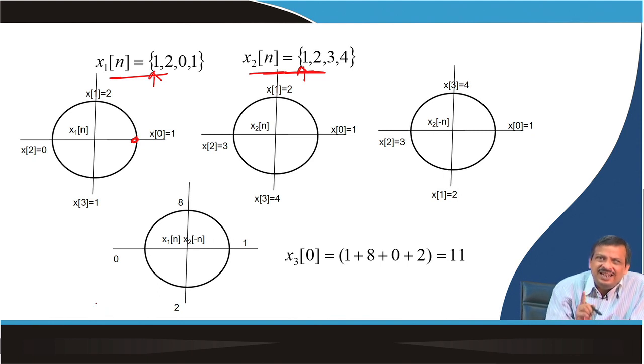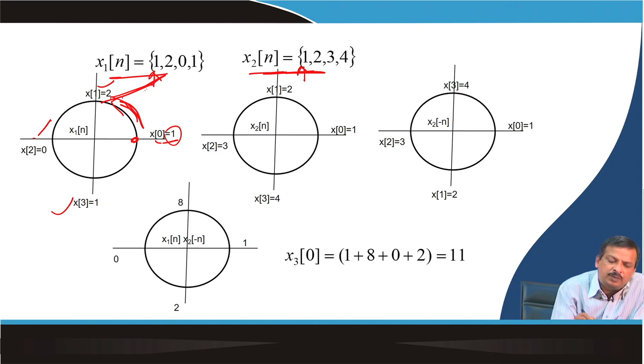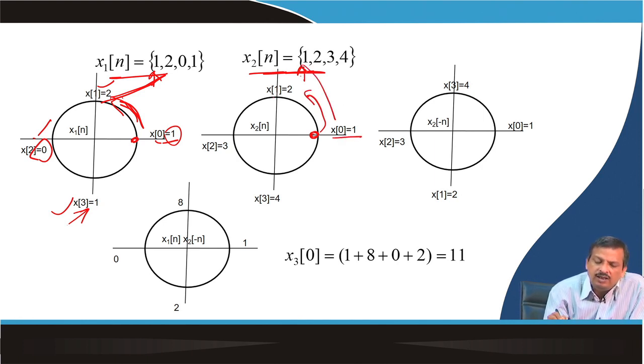The index is positive if we rotate anti-clockwise. So, this is 0, this is 1, this is 2, this is 3. So, the 0th sample value is 1, the first sample is 2, the second sample is 0 and the third sample is 1. Similarly, for x2, this index is 0, and the index is positive going this way, so the 0th sample is 1, the first sample is 2, the second sample is 3 and the third sample is 4.